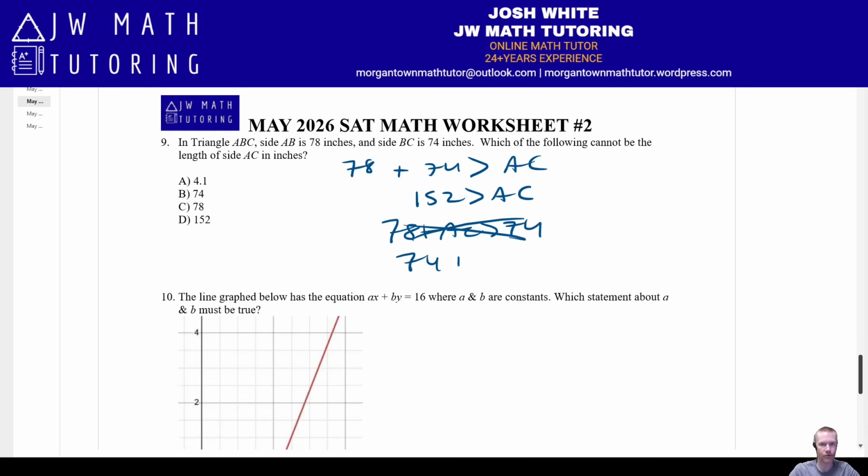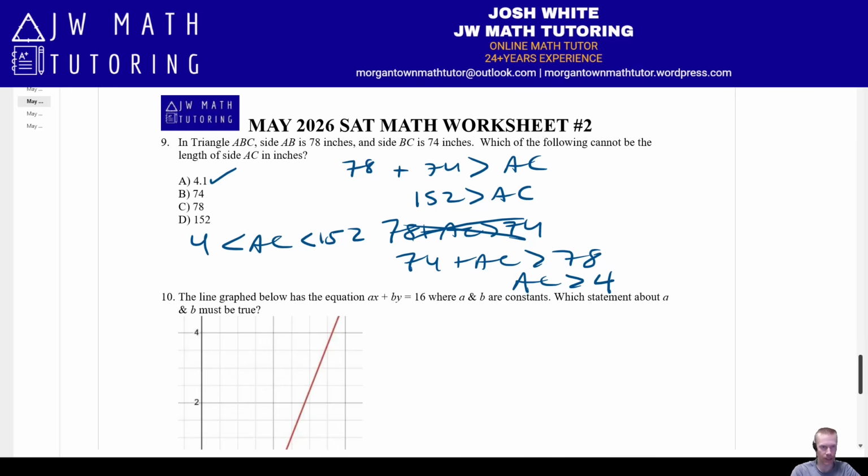And then you have 74 plus AC is greater than 78. There's basically three different pairs of two sides greater than the third. So if you solve this, you get AC must be greater than 4. So essentially here, AC is between 152 and 4. Anything in between those is acceptable. So 4.1, is that in between 4 and 152?